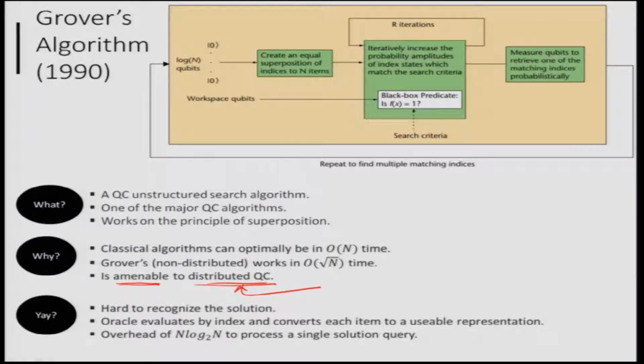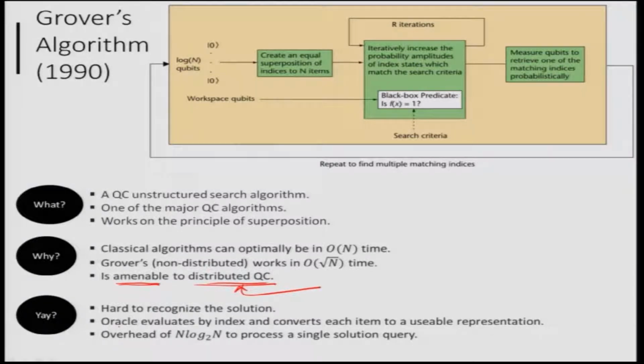So, one of the ways to get rid of this problem would be to have a principle of distributed quantum computing, so that the smaller nodes of available quantum computers can be put to use to develop a larger quantum computer. Now, the hard part of the problem is that it is hard to recognize the solution when we go ahead with distributed quantum computing.